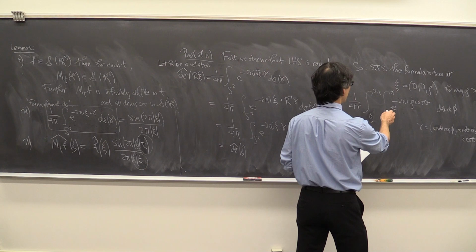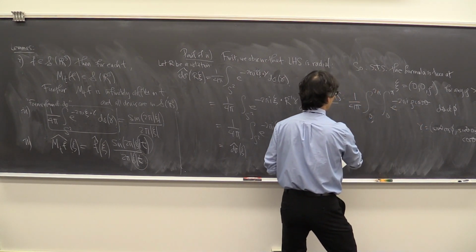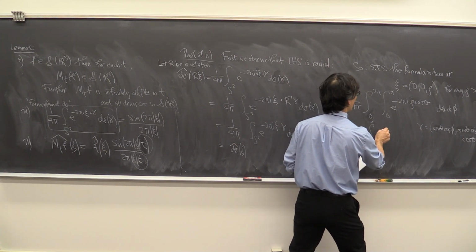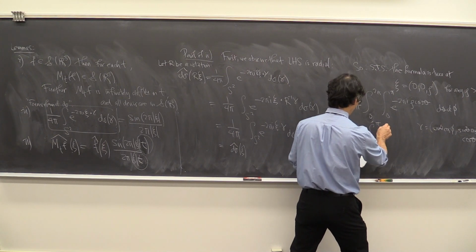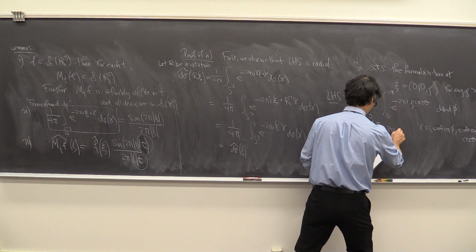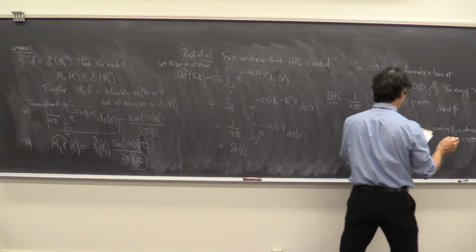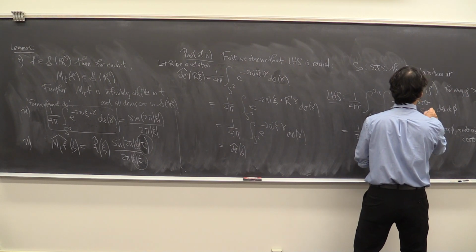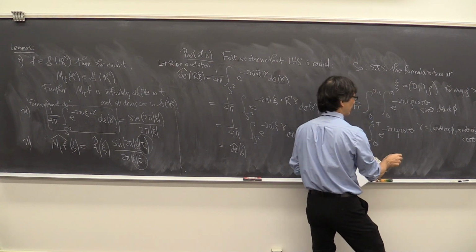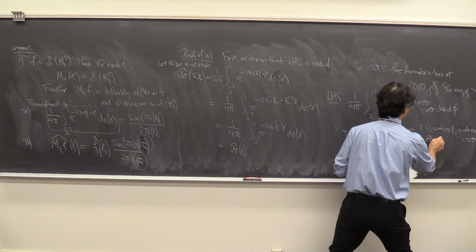Then this is independent of phi, so we can integrate out the phi, right? And we get 1/2 the integral from 0 to pi of e to the negative 2 pi i rho cosine theta. Oops, I forgot something. There should be a sine theta here, sine theta d theta.